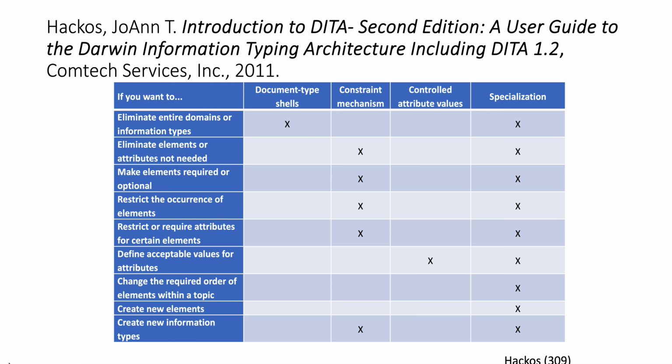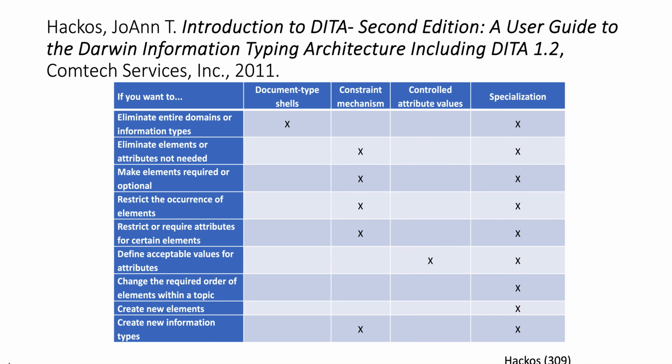Constraint mechanisms can restrict the occurrence of elements. Constraint mechanisms can restrict or require attributes, and constraint mechanisms, going down to that bottom row, can create new information types. Controlled attribute values can define attribute values for attributes.